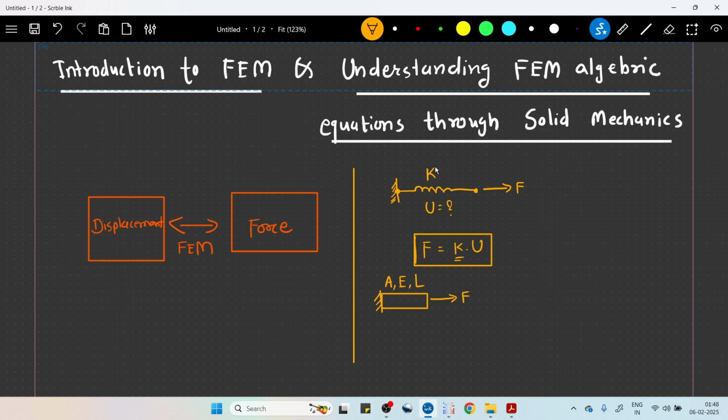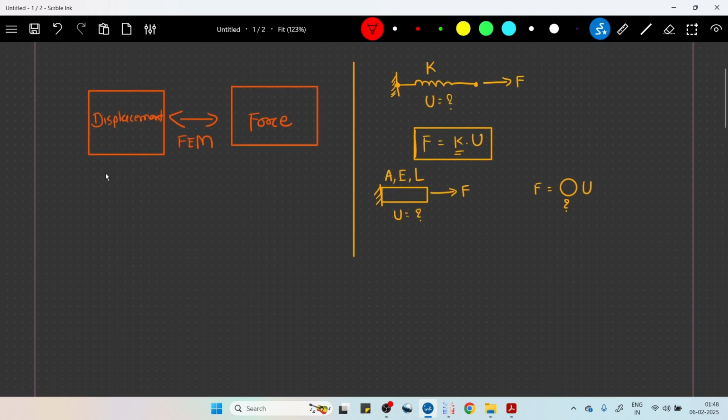These are the known things, and we want to find the displacement for this bar. The relationship between F and U is not known. That relationship we want to find using FEM.